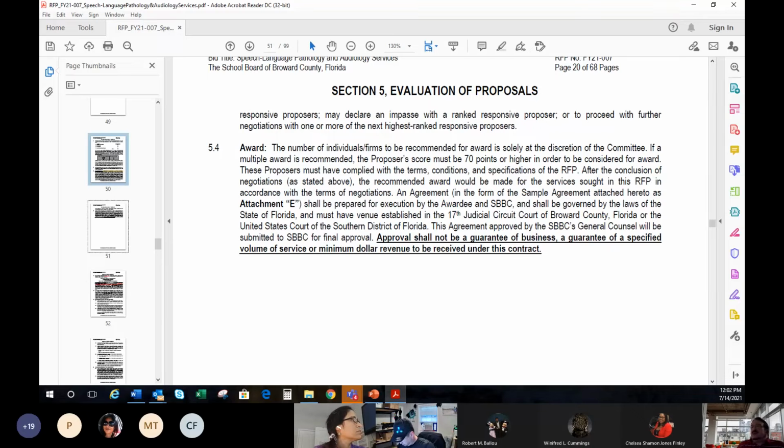So it basically is saying you're not totally guaranteed the business, but usually under this contract, we use every single vendor that is awarded for this contract. But this is a general clause that is in all of our RFPs and ITB solicitations.